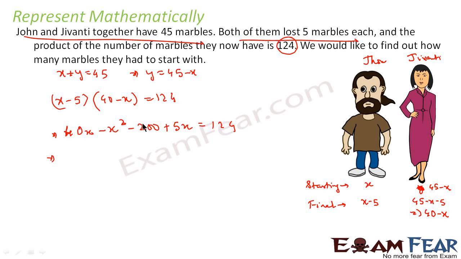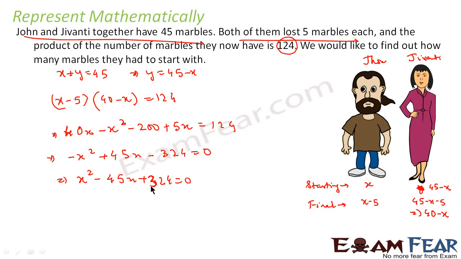Now you will get minus X square plus 5X plus 40X, that is 45X, minus 200, and the 124 comes to this side, so minus 324 is equal to 0. Or the same thing, I'll put everything on the other side because minus X square doesn't look good to me. That becomes X square minus 45X plus 324 is equal to 0.